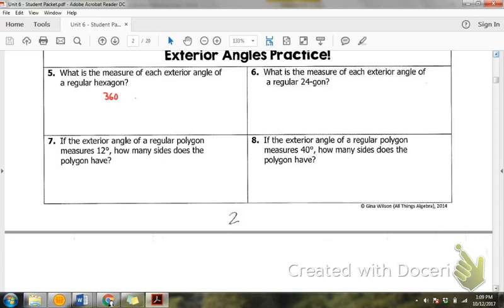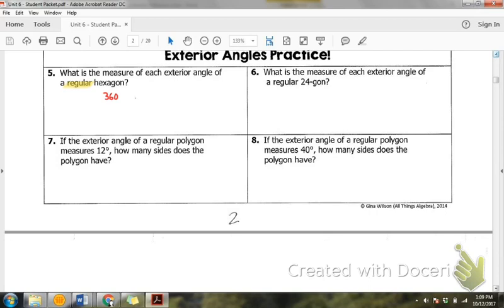But if I want to figure out how much each exterior angle is, when you see this word regular, guys, this word regular means that all the angles are the same. The example we just did of that hexagon, the angles weren't all the same, so that's not a regular hexagon. A regular polygon means that all the angles are the same.